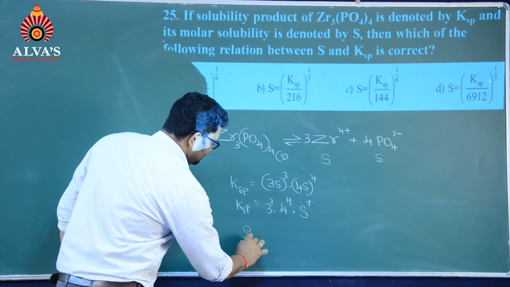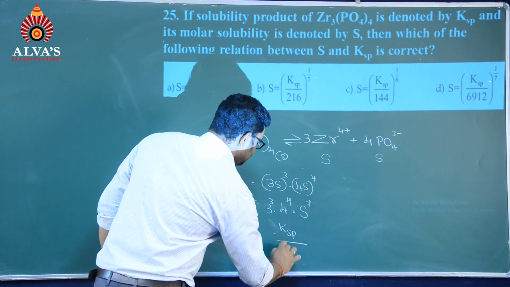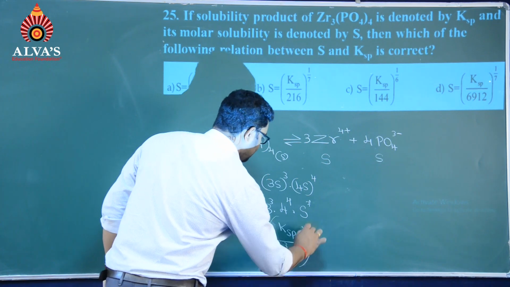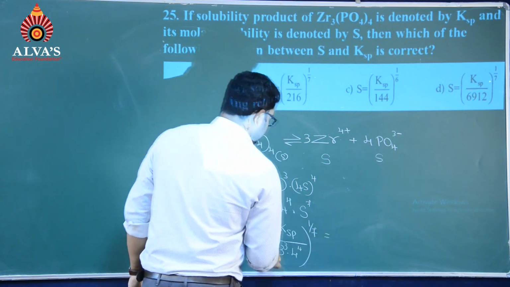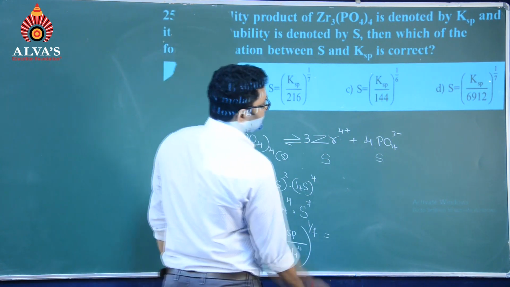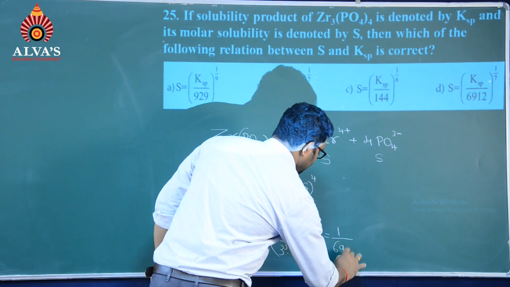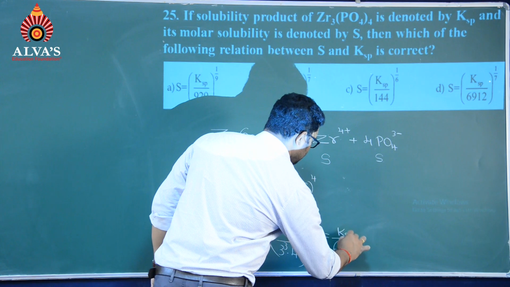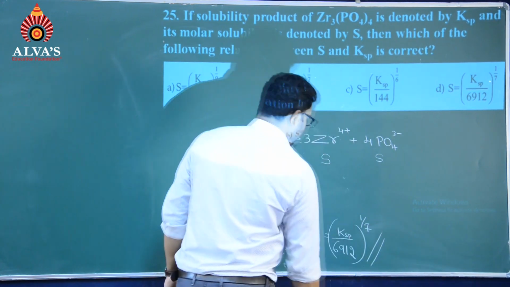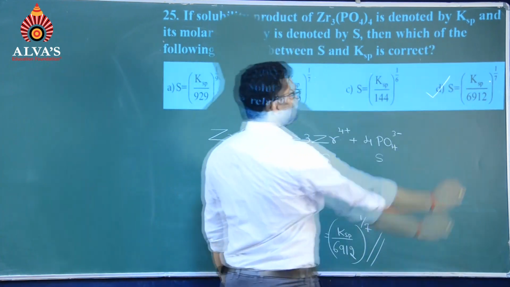Now, S is nothing but Ksp by 3 power 3, 4 power 4, whole power 1 by 7, that is 1 by 3 power 3 and 4 power 4, which is 6,912, so 1 by 6,912 into Ksp whole power 1 by 7. The answer for question number 25 is D.